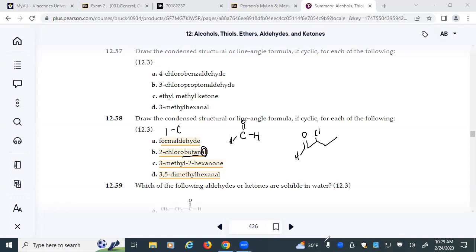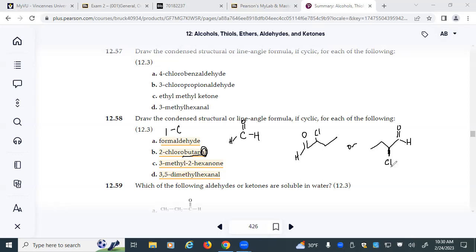Now, understand you could easily draw the mirror image of that. 1, 2, 3, 4, carbonyl group on this end. I don't know about you, but on aldehydes, it just feels natural to draw the aldehyde group on the right-hand side as opposed to the left-hand side. Technically, either one's correct, and the structure is going to be exactly the same, because we aren't set on numbering left to right. We can number right to left just as easily.